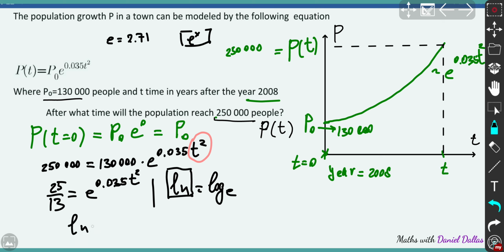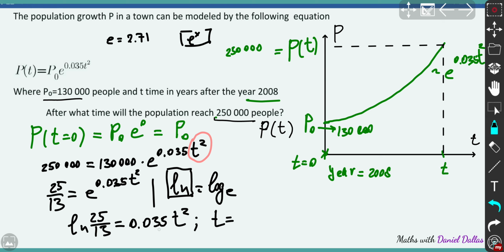And what we will have is 25 over 13, from there we take ln. And on the right side, if we apply ln, we simply get rid of the e, and we'll get 0.035 t squared in the same manner as before. And right now, to get the t value, we need to take what? The square root, right?